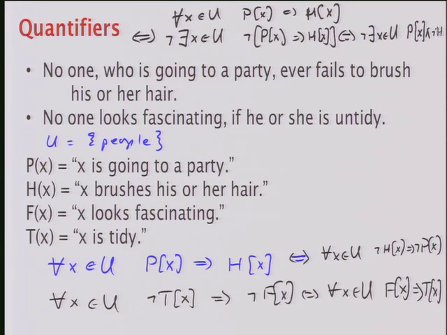Sorry, I just don't have enough room to write this. I'm just going to write this down here. If p of x is true and not h of x. Okay. All right.